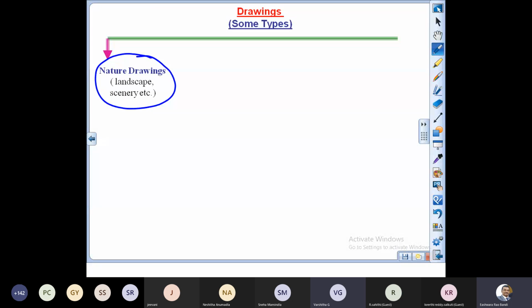Natural drawing means a landscape or a scenery is given. If you want to draw a scenery like a hill, sun, and all other things, and lakes, with water flowing from the hill station to the lower part, these are called natural drawings, the sceneries or the landscapes.